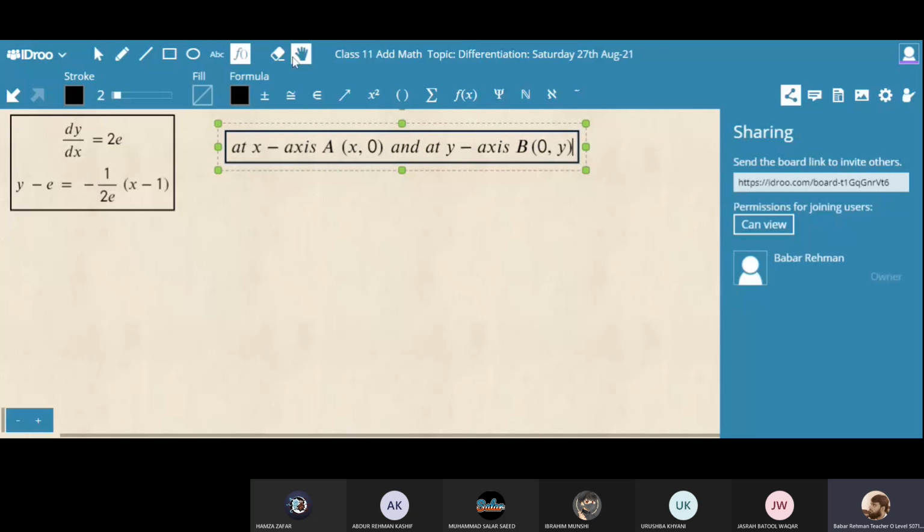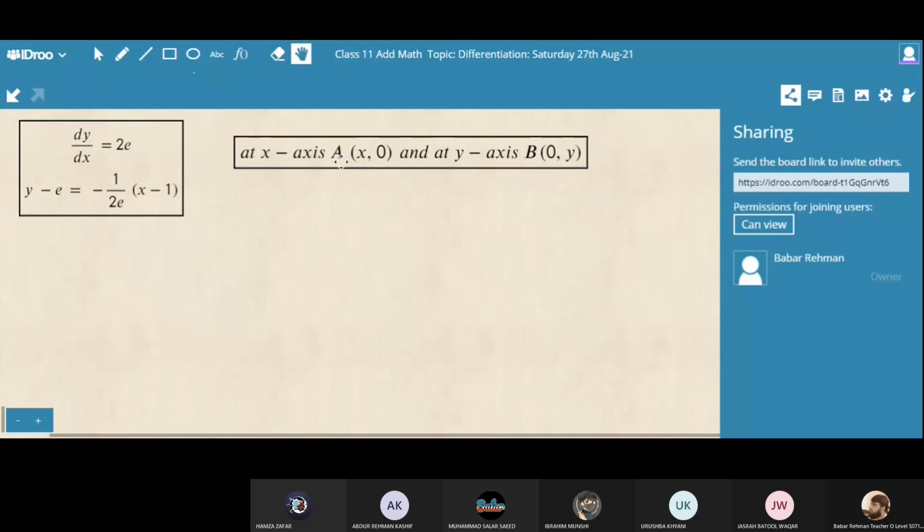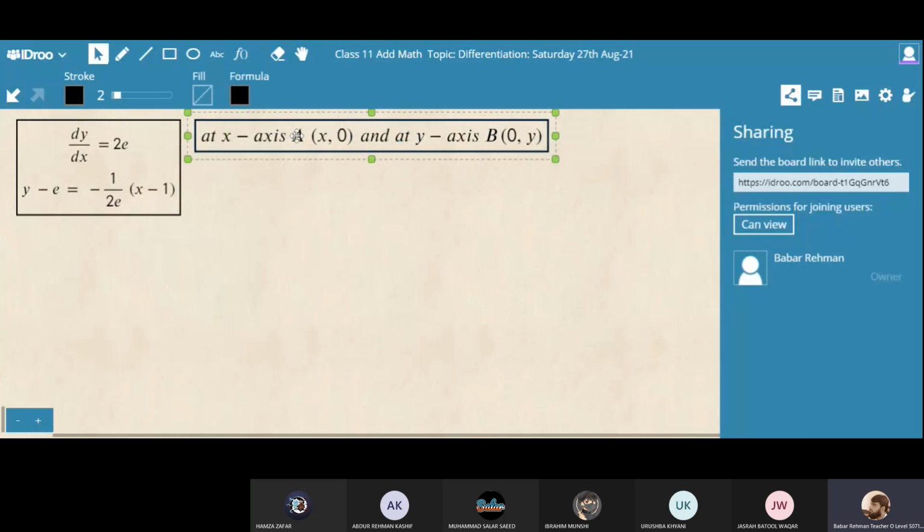If I want to find the point A, in this equation I will substitute y as 0 and then I will get the value of x. Then I will substitute x as 0 and I will get the value of y. So students, hurry up, find the coordinates of A and B.